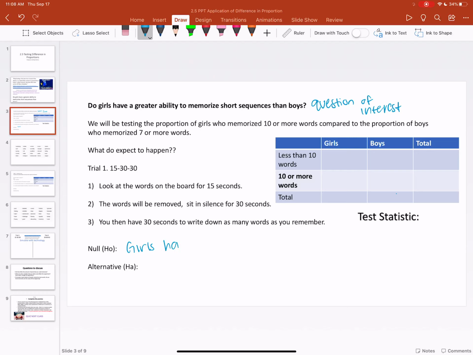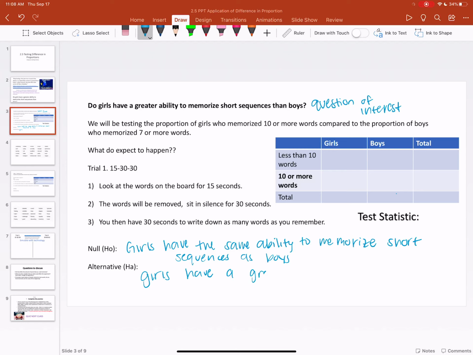So girls have the same ability to memorize short sequences as boys. And for our alternative hypothesis, that's our statement of change. We'll state that the girls have a greater ability to memorize short sequences than boys.